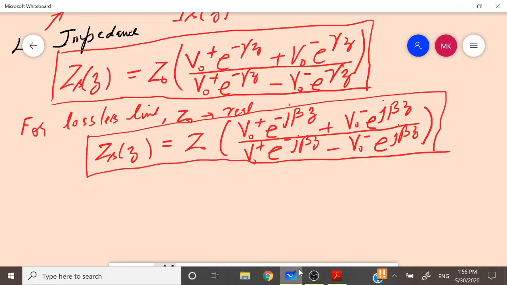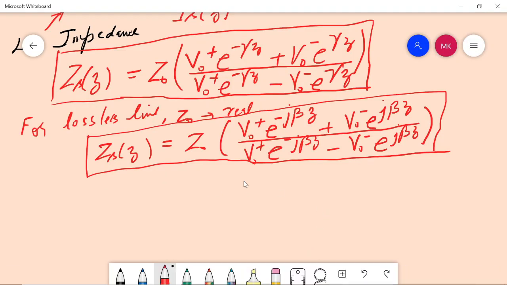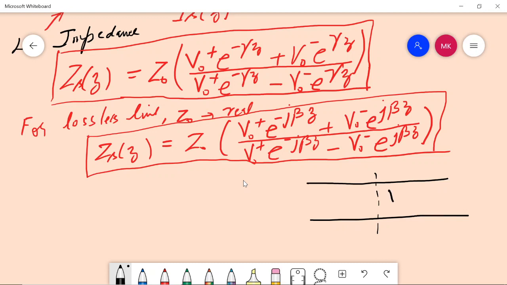So here you have the line, the transmission line is there. So Vs plus Z is moving in this direction, and we have Vs minus Z, which is moving in this direction.